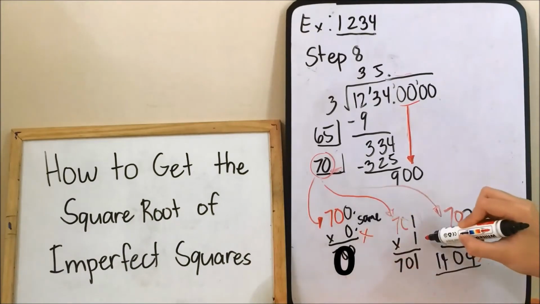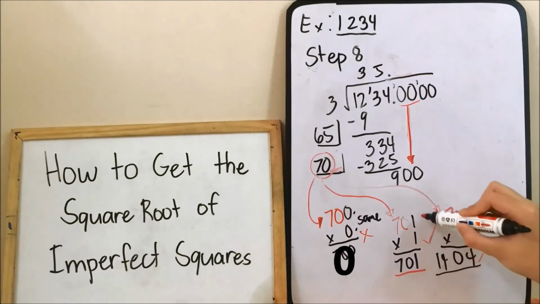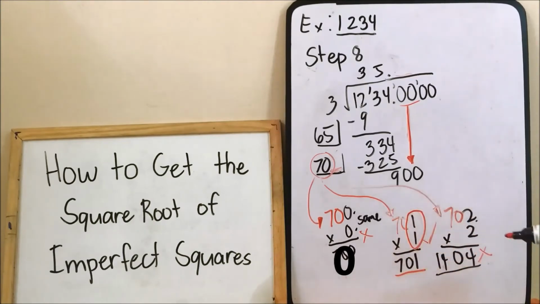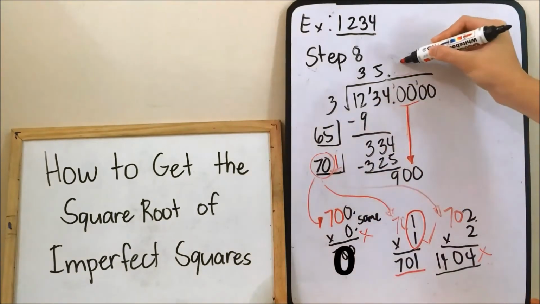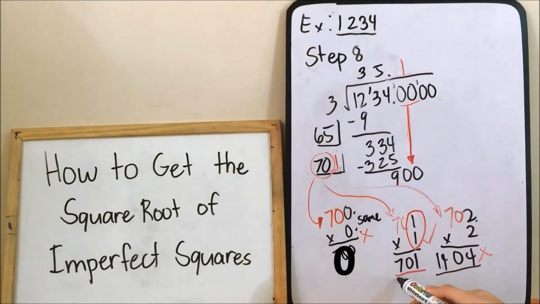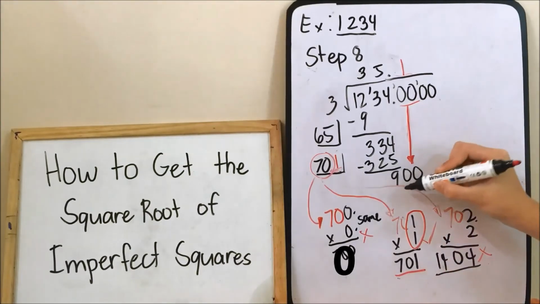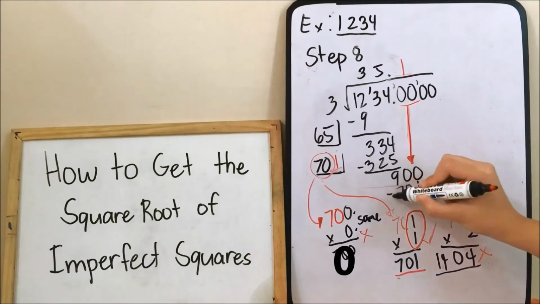So here is our product and here is our missing number. So we will put our missing number over here and over here at the very top. And we will subtract 701, our highest possible product, from 900.